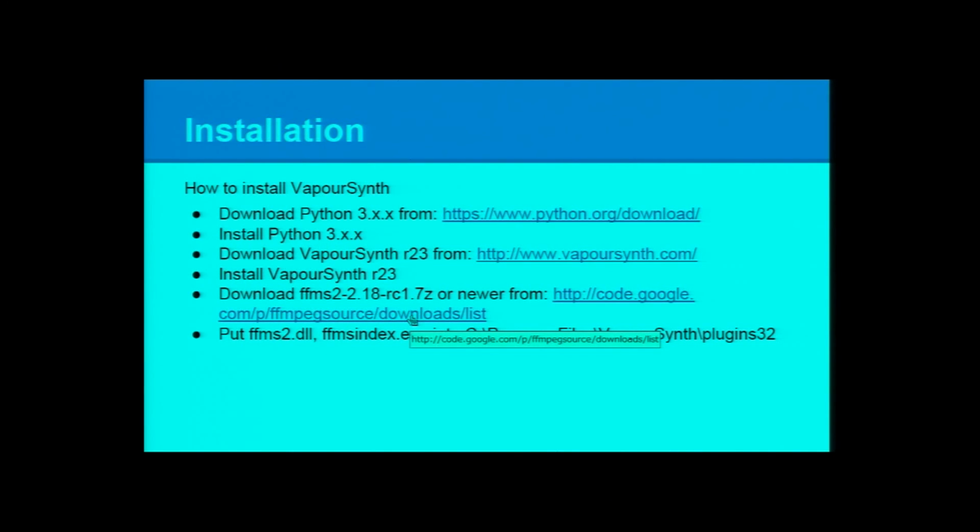And if you want to load some video which is supported by the FFmpeg library, you can use FFMS2, and it can be downloaded from here. All you need is to put ffms2.dll and ffmsindex.exe into the C Program Files VapourSynth plugins32 folder.